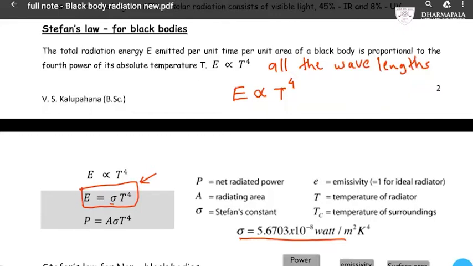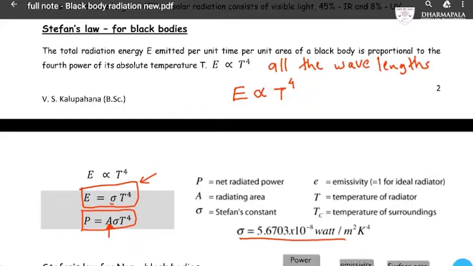If you want to find the power, power means energy emitted per unit time. To find the power, you have to multiply sigma T to the power 4 also by A, the surface area.